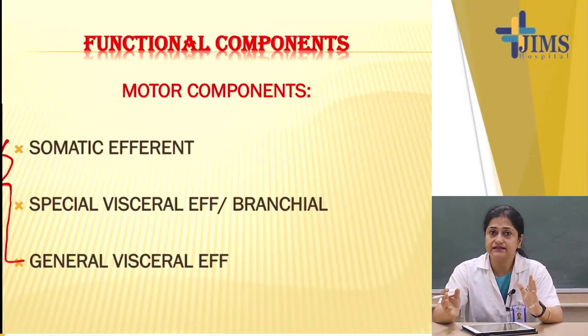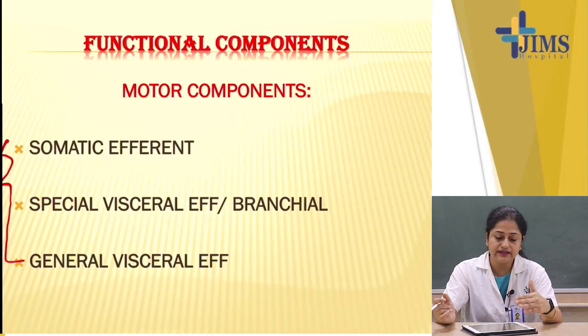And a mixed nerve, which has both sensory as well as motor components, contains a variety of combinations of sensory and motor. It can be a combination of any. We will get to know that as we study the cranial nerves. So the motor component, you can see from this.